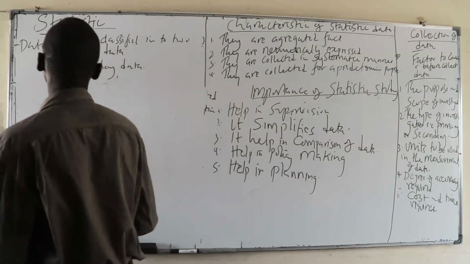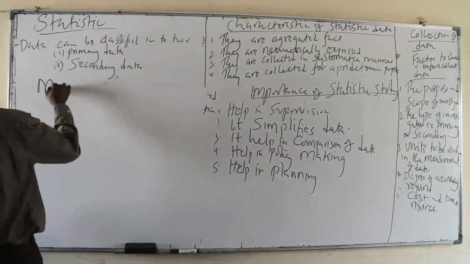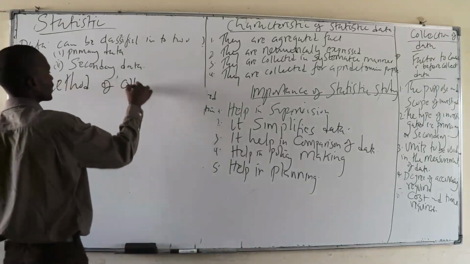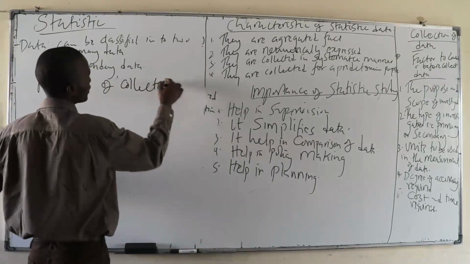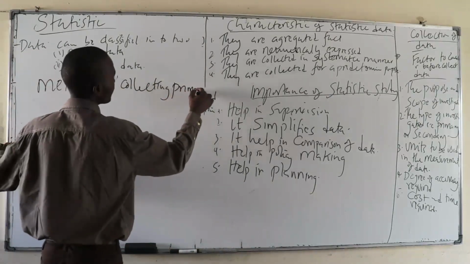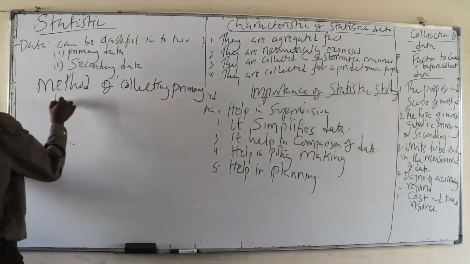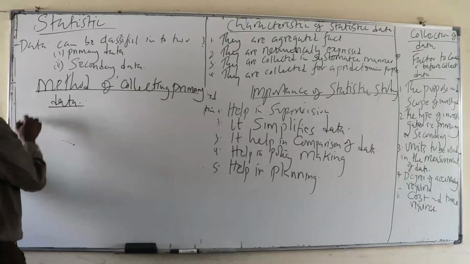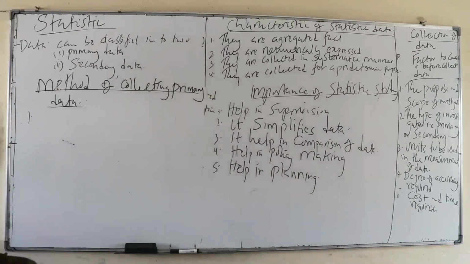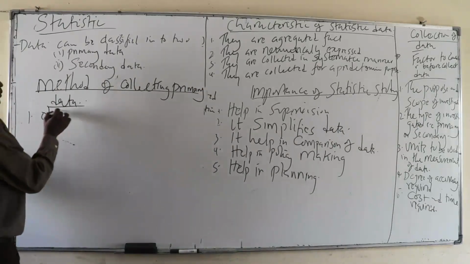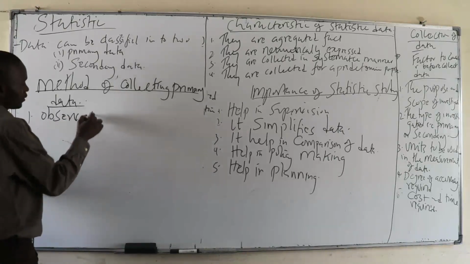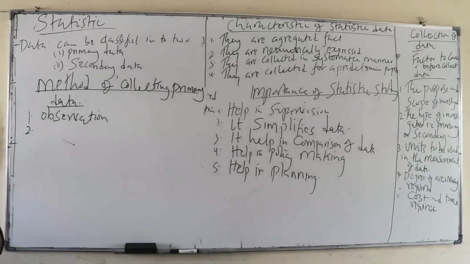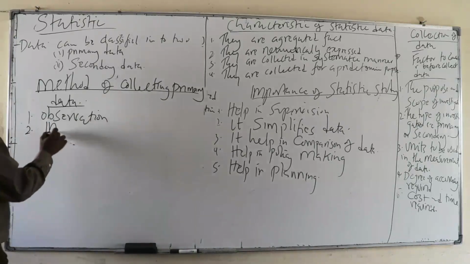So, methods of collecting primary data. Number 1, we have observation. Number 2, we have interviews.